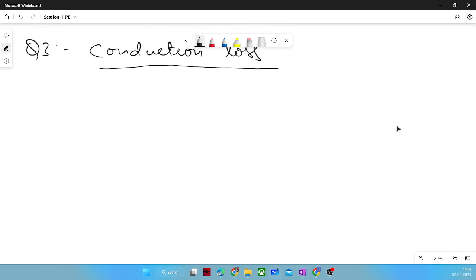Okay, so during conduction time, let me draw the graph. During conduction time, voltage will be almost negligible, or that forward voltage, right?